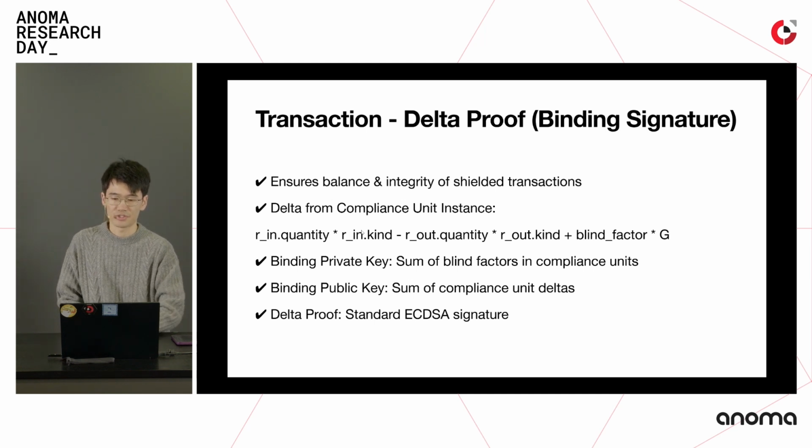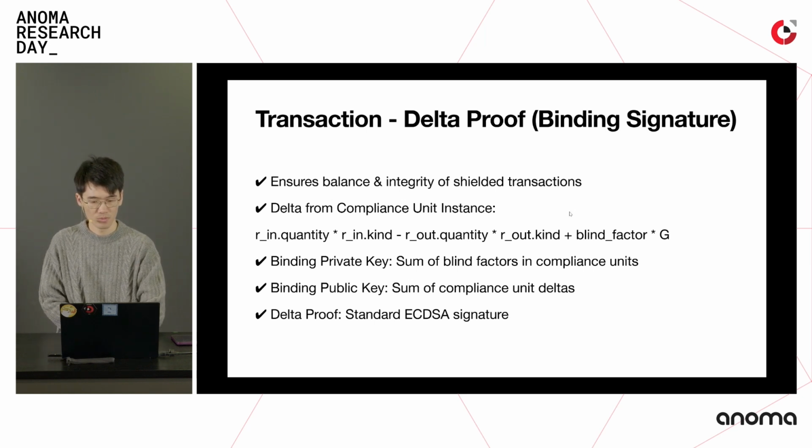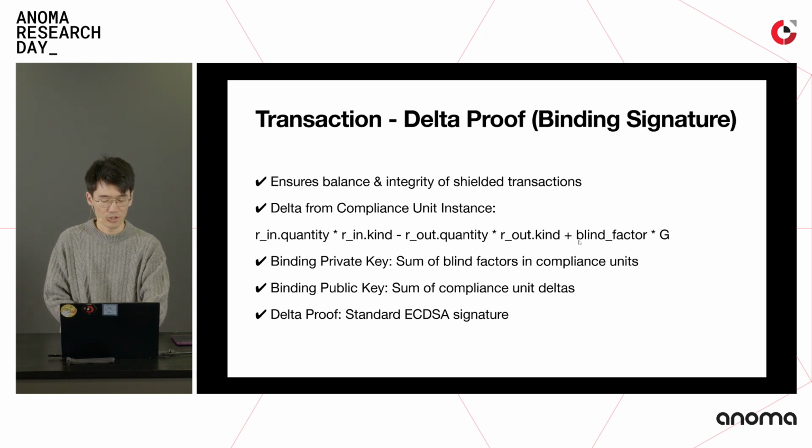The kind is derived from the resource logic and the resource label, which is unique. This part is for the created resource. Here we also need a blind factor to protect the privacy of the data.